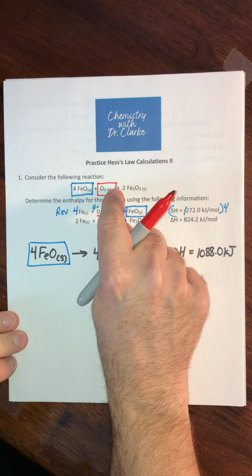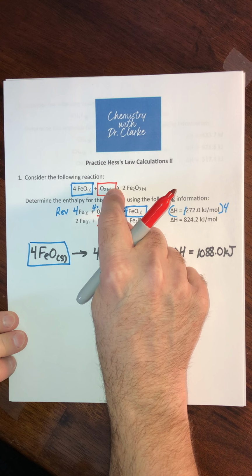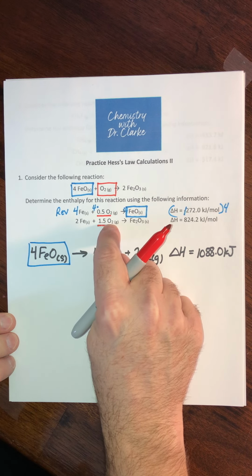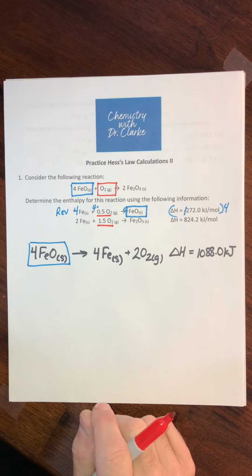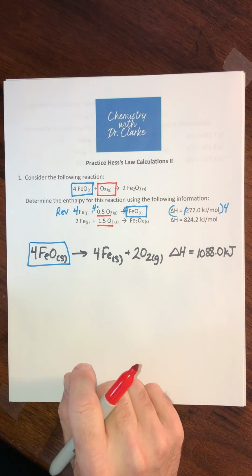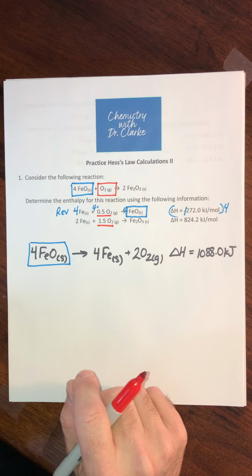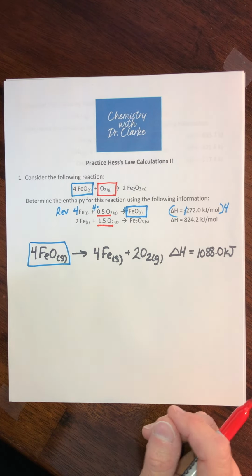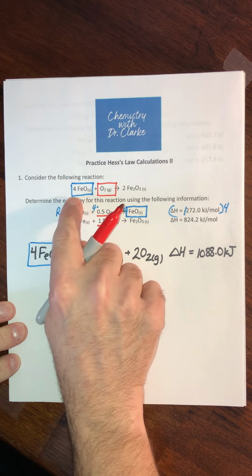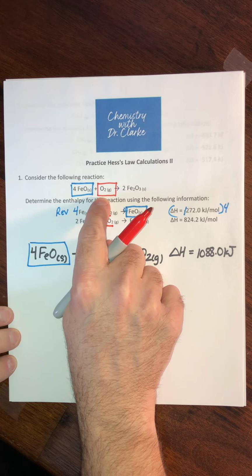When one of your chemicals from your target equation shows up in more than one of your given equations, you really can't use it to figure out what's happening. Okay, oxygens tend to do this, small molecules, Cl2s, F2s, water sometimes. So for this one here, I'm going to skip using the oxygen.